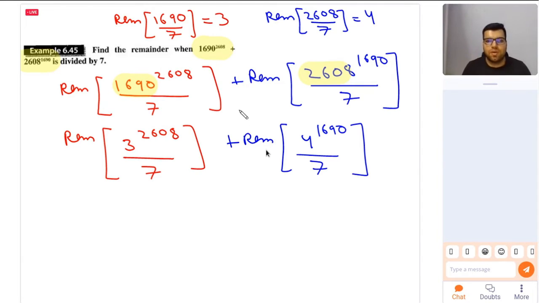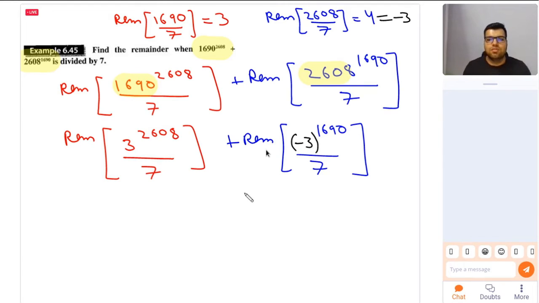Okay, so in order to make it simpler, what I'll do, you see remainder of 2608 with 7, this is 4, but let me write it as minus 3. Okay, by the concept of negative remainder. Why I am writing this as minus 3? Because this will help me, because I already know the powers of 3 which are closest to 7. So it is minus 3 raised to power 1690.